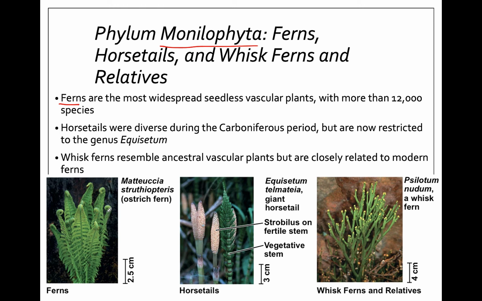You can see the little fiddleheads here, representing a young fern sporophyte. Another group within here are the horsetails. Equisetum is the only genus left of the horsetails, and they look kind of like the tail of a horse. And then the whisk ferns, which are ancestral, but are actually closely related to modern ferns. This is a whisk fern over here.